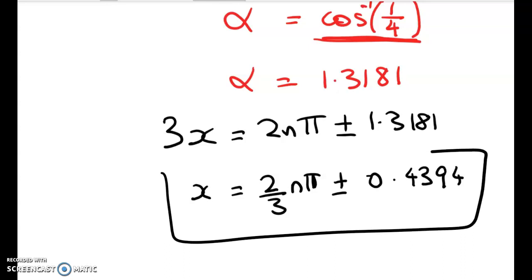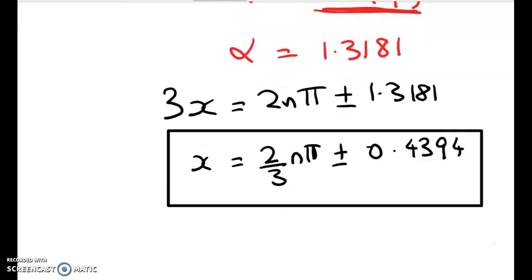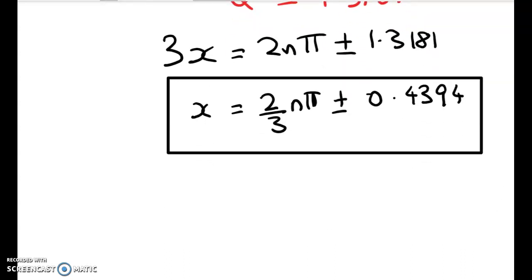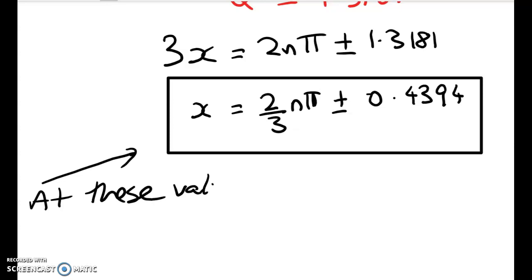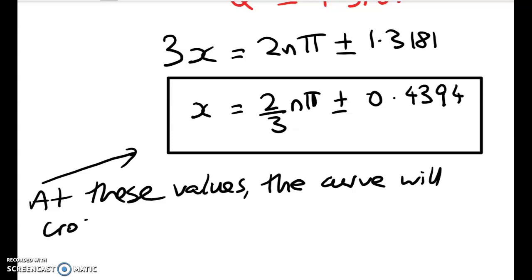So that's my general solution, and I should write down that at these x values the curve will cross the line y equals -1 or something like that. But now what I want to do is to find particular solutions between 0 and 2 pi.